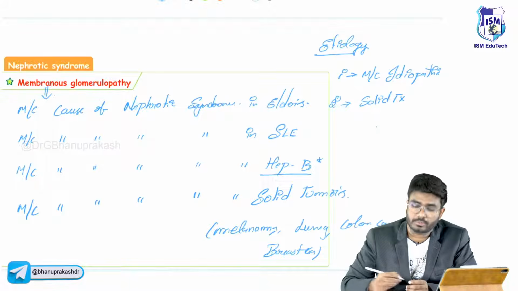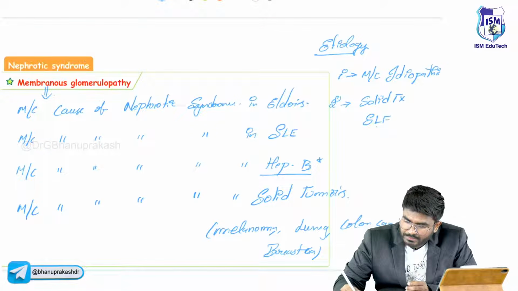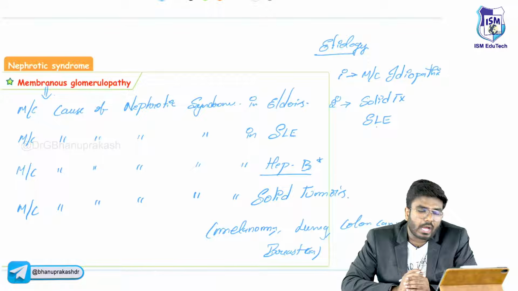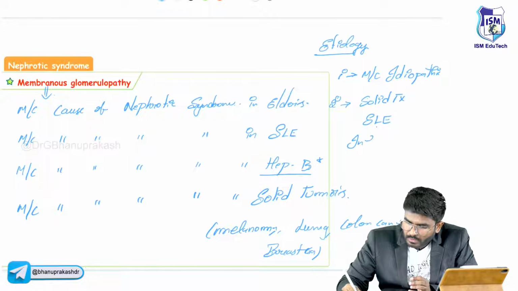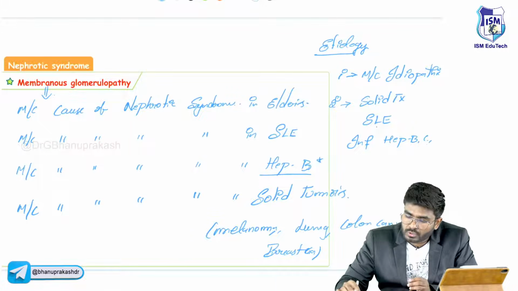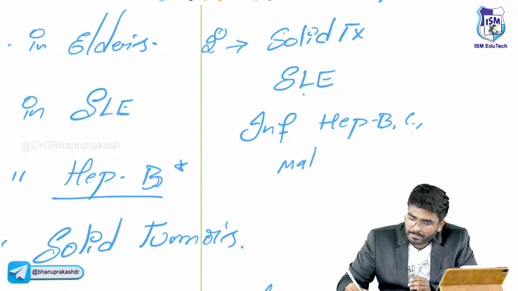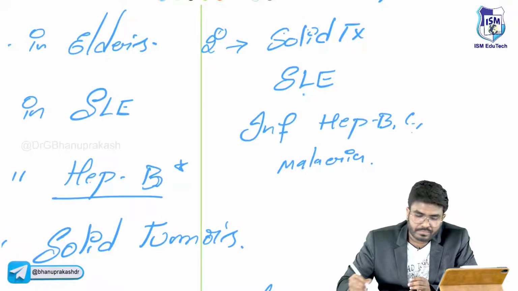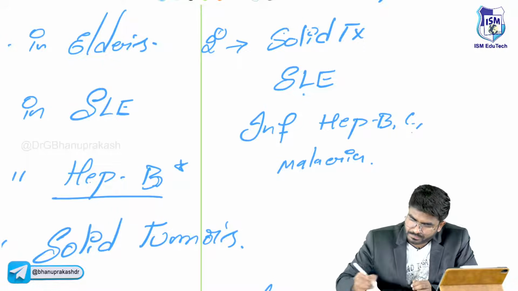Those who have solid tumors, those who develop SLE, systemic lupus erythematosus, those who have infections like hepatitis B infection or hepatitis C infection, or infections like malaria.